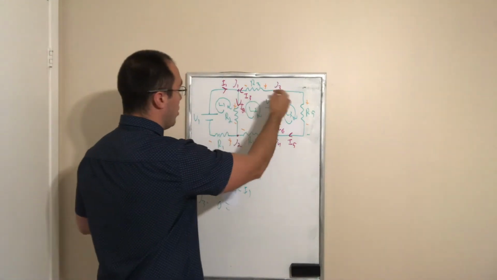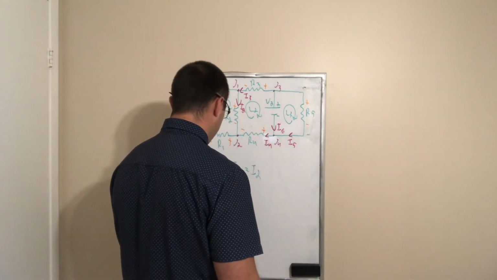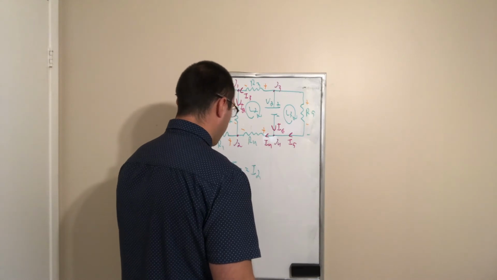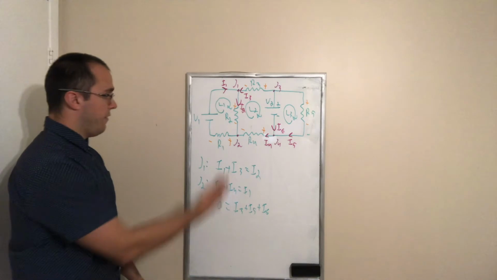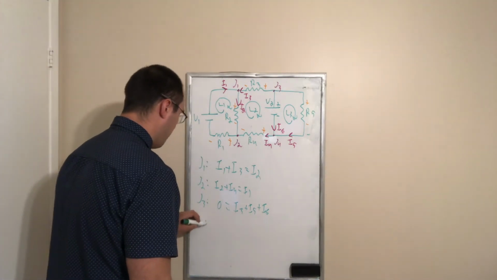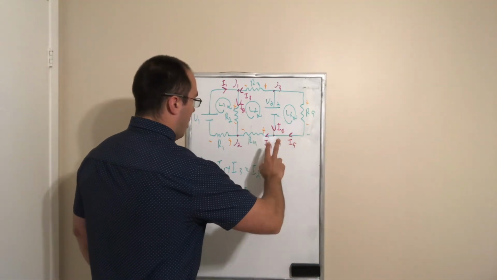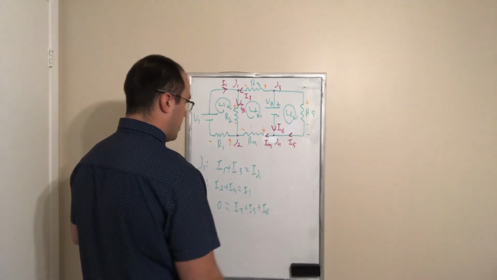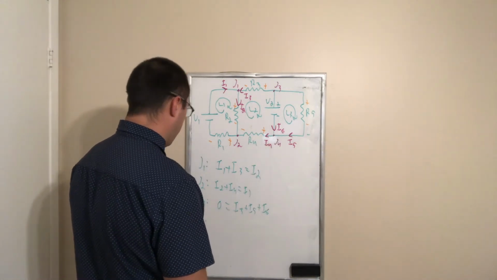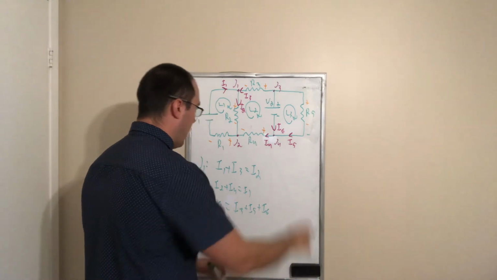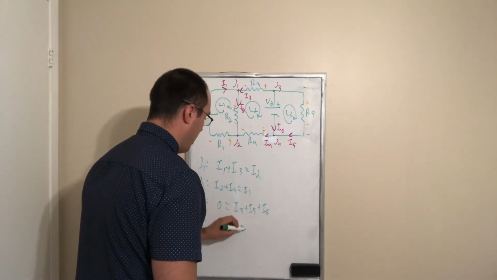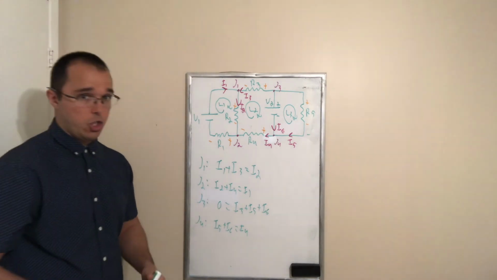So we got I3 plus I5 plus I6. All right. And finally, J4. So J4, we got I6 coming in and I5 coming in. So I5 plus I6 equals I4, which is coming out. All right. We got 4 equations for the junctions over here.